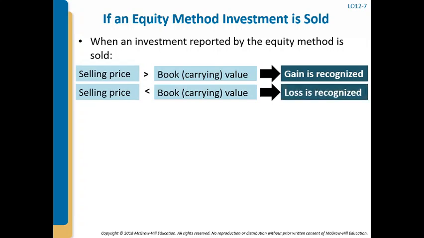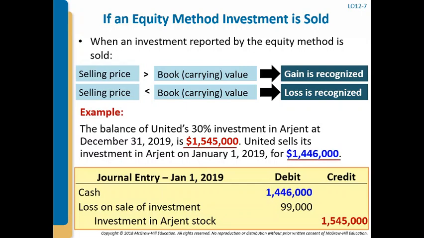If an equity method investment is sold, you get this. If the selling price is greater than the carrying value or the book value, a gain is recognized. So, that's just like any other asset, right? If the selling price is less than the book value, a loss is recognized. So that's just like any other asset. So here we have an example.